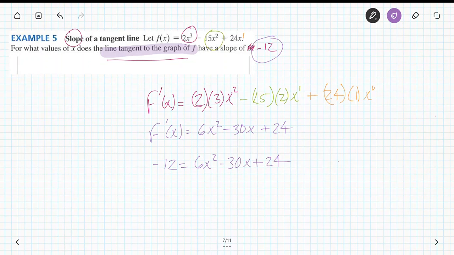Now I can definitely factor out a 6 from all of this equation. So I'm going to get negative 2 equals x squared minus 5x plus 4.